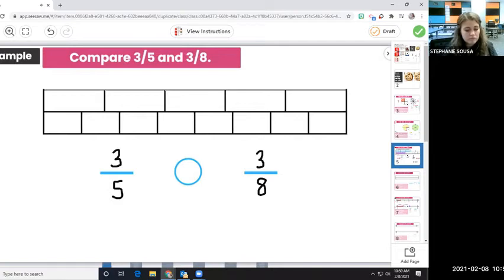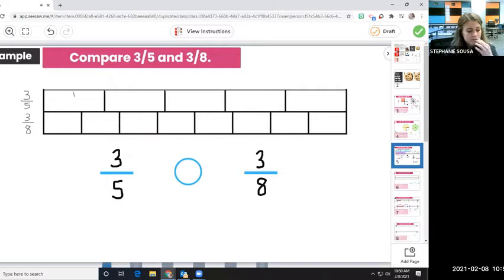On the top, we're going to represent 3/5. On the bottom, we're going to represent 3/8. On the top model, I notice it is already partitioned for me. I have partitioned it into 5 equal parts.